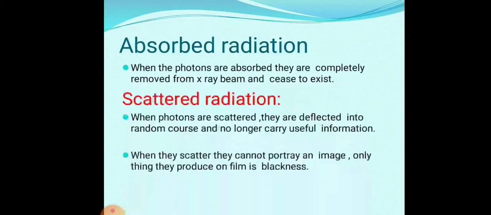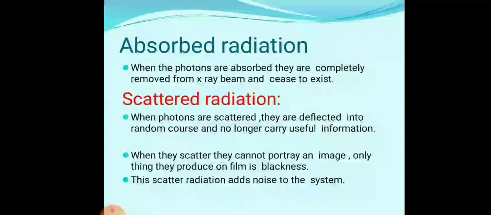When they scatter, they cannot portray an image. The only thing they produce on the film is blackness. Scatter radiation adds noise to the system, and the noise is referred to as film fog.